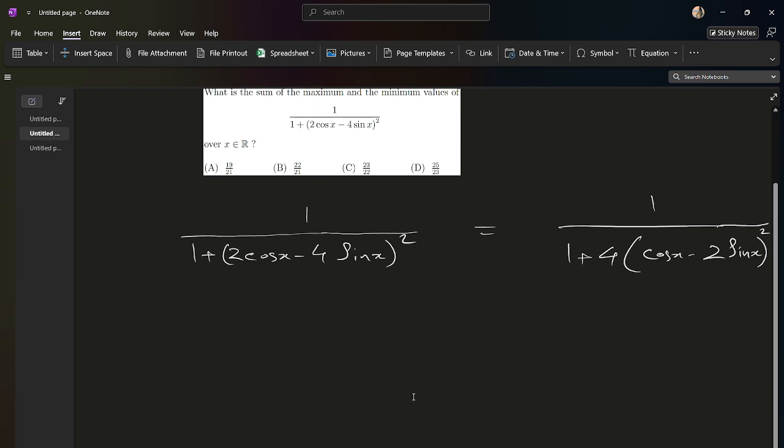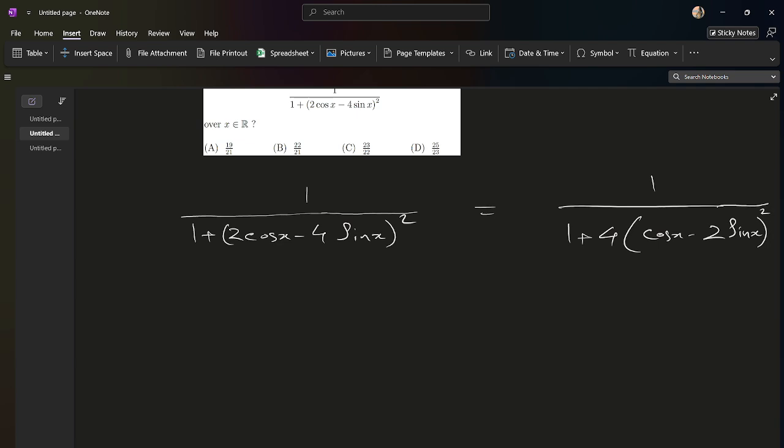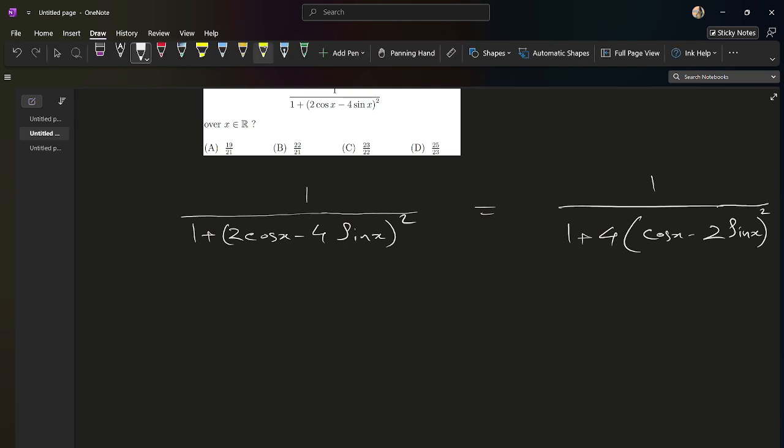Okay, so how can we use this? Let me write it with another color.